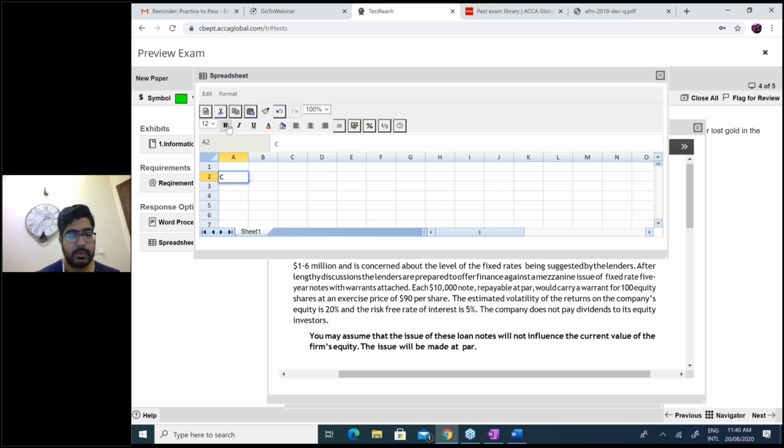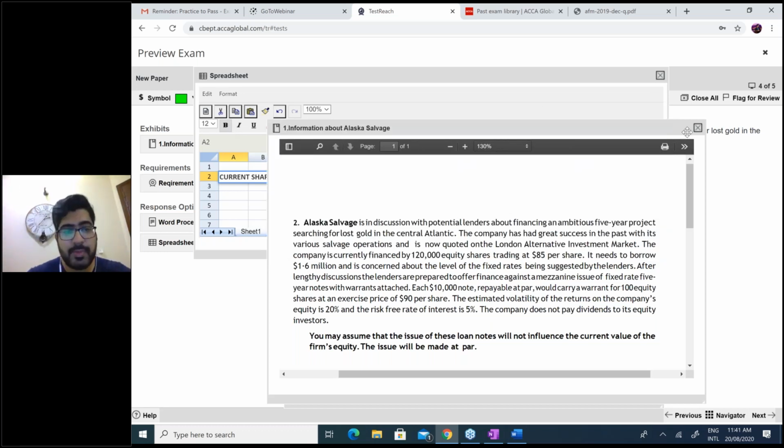So current share price, $85 per share. It's very important that I keep on noting the information as I get it.